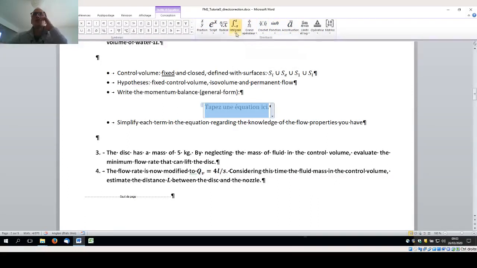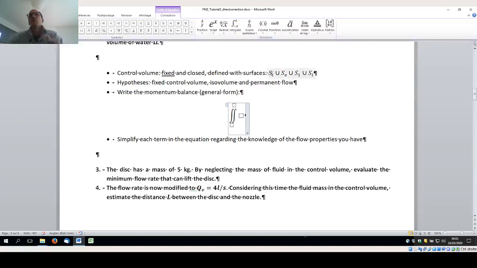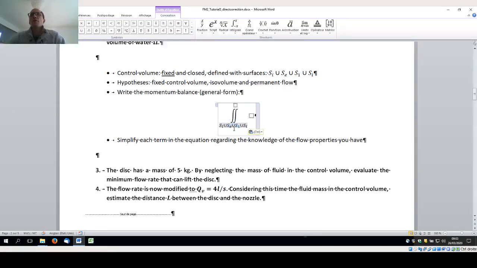In this momentum balance you have different terms. The first term, on the left hand side of the equation, gives you something like rho v.